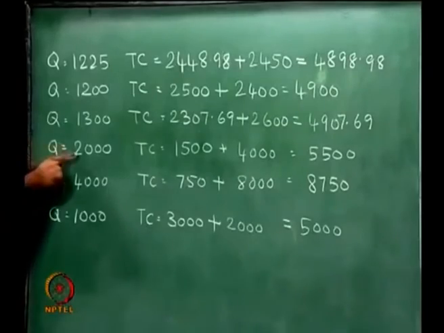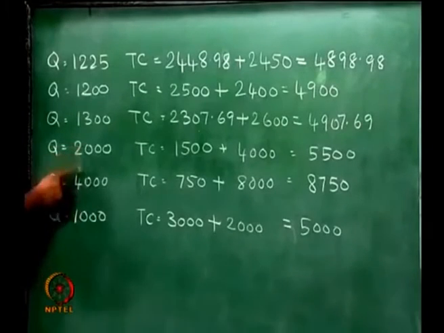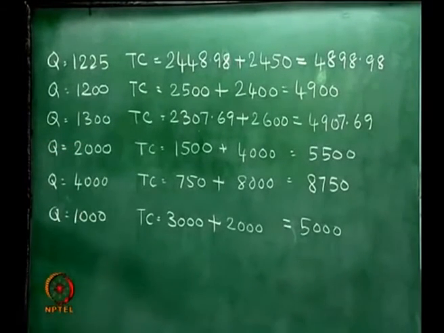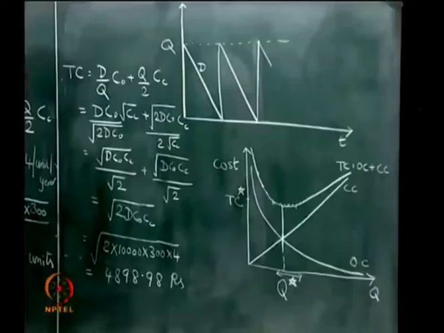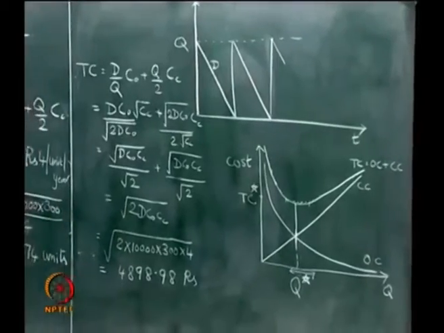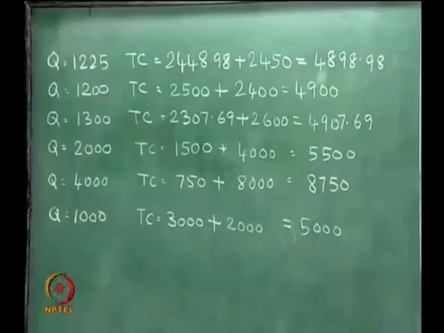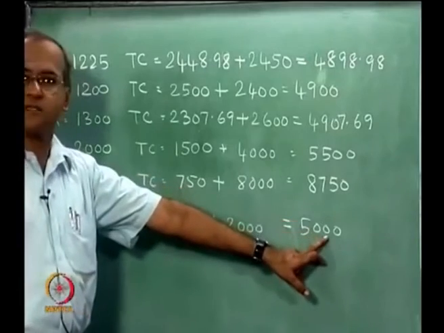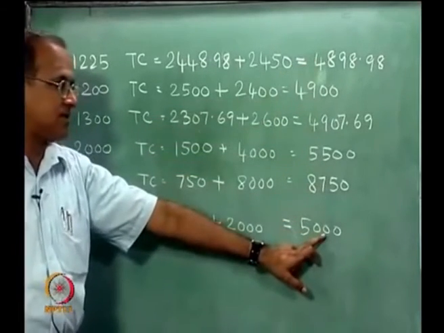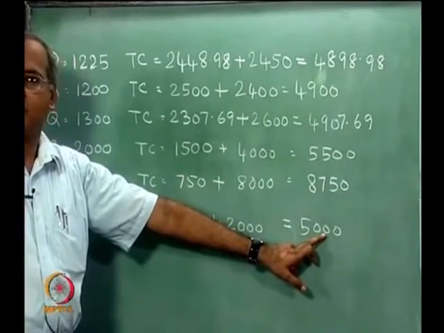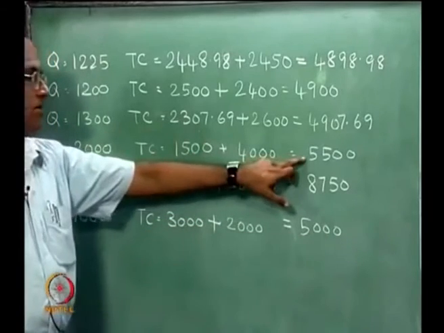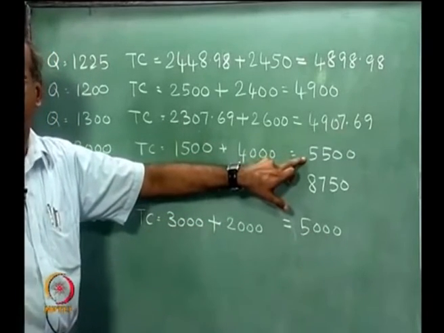For example, even if we go to 1000 and 2000, which are the two nearest thousands, if you want to approximate this, you realize that for 1000 the total cost is 5000, which is about 100 rupees increase, but for 2000 it shows about 600 rupees increase, which is a little significant.